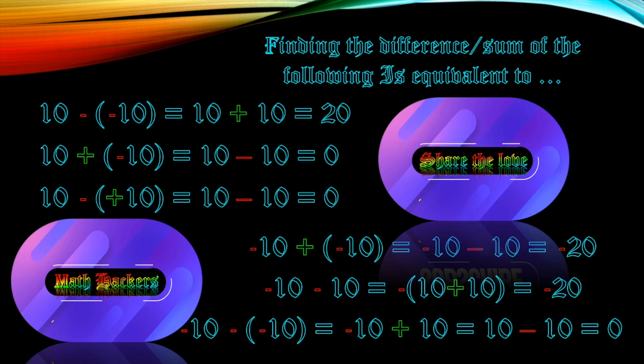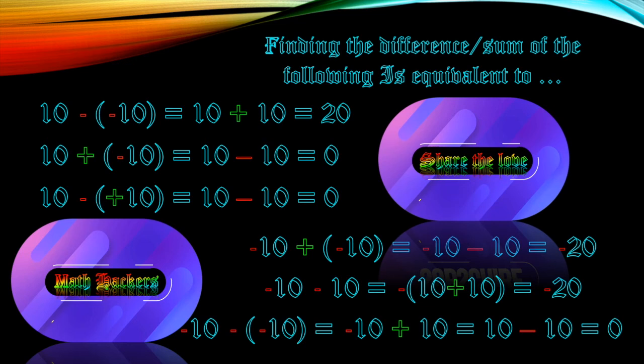We were working with a positive base, as in positive 10. Now we are going to work with a negative base, as in minus 10. Negative 10 plus negative 10 is the same as negative 10 minus 10, which is minus 20.